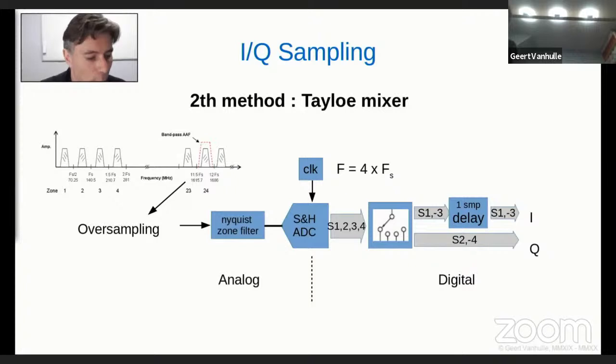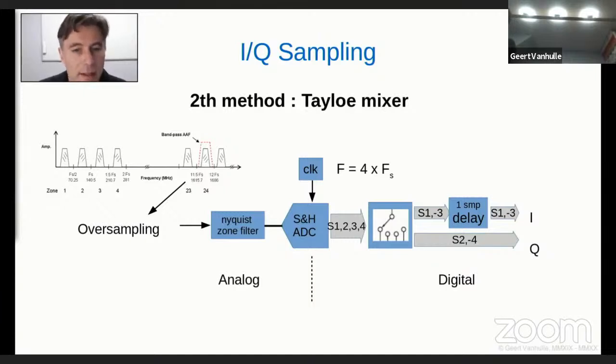So we can use oversampling and use only 1 AD converter, but with a higher bandwidth, sampling at 4 times the sampling rate that we would normally use, and we get a completely digital signal to sample a high frequency RF signal and to produce complex IQ signals. So this is what we call a direct IQ sampling technology.